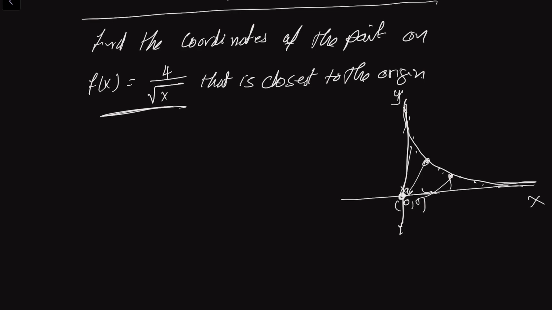Each point here has an x and y value, and the distance is given by d squared equal to x squared plus y squared. That's what we're trying to do from this given information.